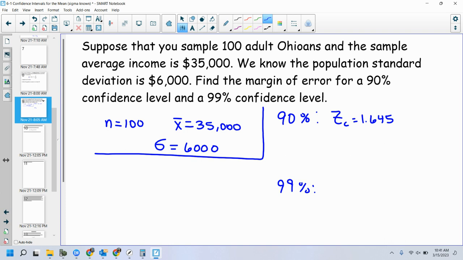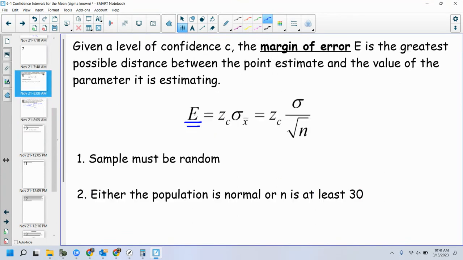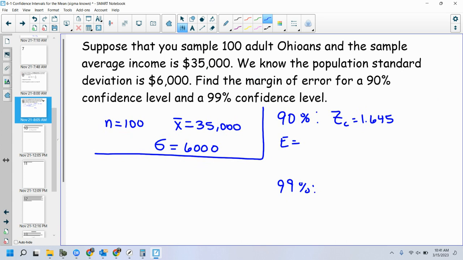To find the margin of error, E, remember my formula, which again is on the formula sheet, is ZC times sigma divided by square root of n. ZC, 1.645, times sigma, 6,000, divided by the square root of 100. So 10.